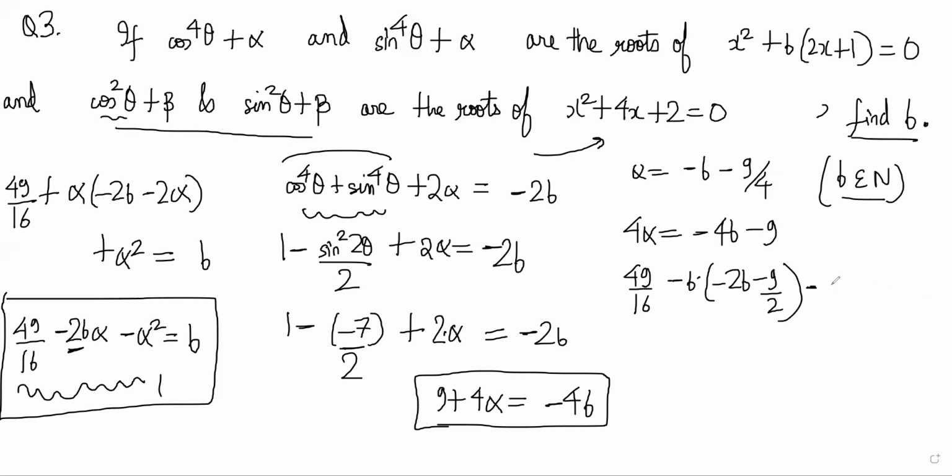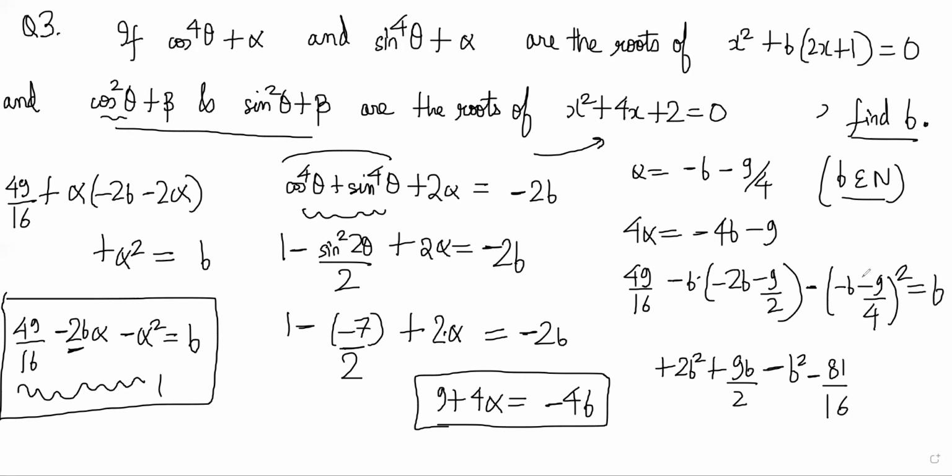So minus b minus 9 by 4 whole square is equal to b. So you should get plus 2b square plus 9b by 2 minus b square minus 81 by 16, and minus 2b into 9 by 4, so 9b by 2.